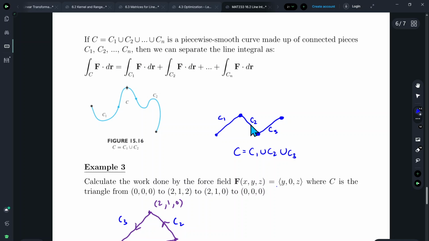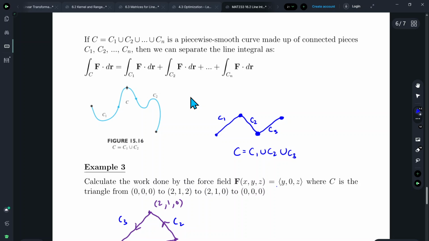Say you want to calculate the line integral over the entire curve, but instead of calculating it directly, you separate it over each individual component and then add all of the integrals together to get the value of the line integral over the entire curve. That's the situation where you want to separate the line integral into smaller line integrals.